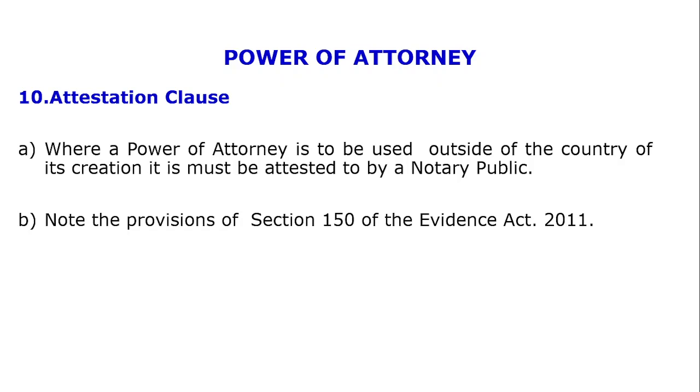If the president, a notary public, a magistrate, a justice of the peace attests to the power of attorney, it gives a presumption of authenticity that it was duly executed, right? When you allow this specified group of persons mentioned under section 150 of the Evidence Act 2011 to be the attesting witness to the power of attorney.